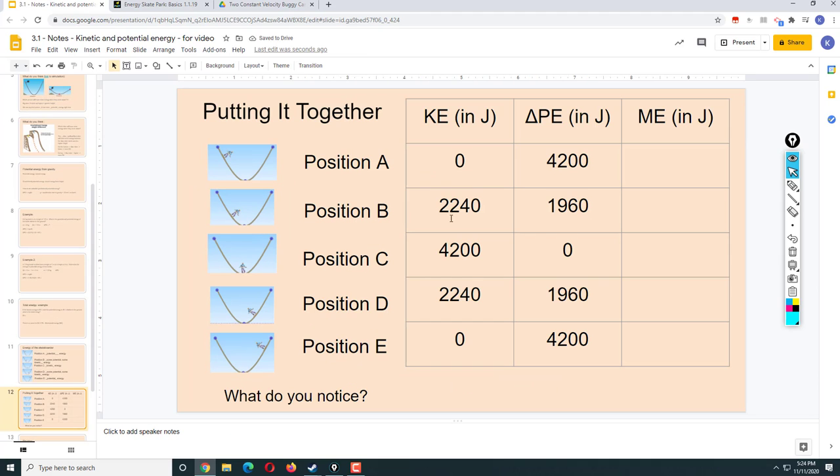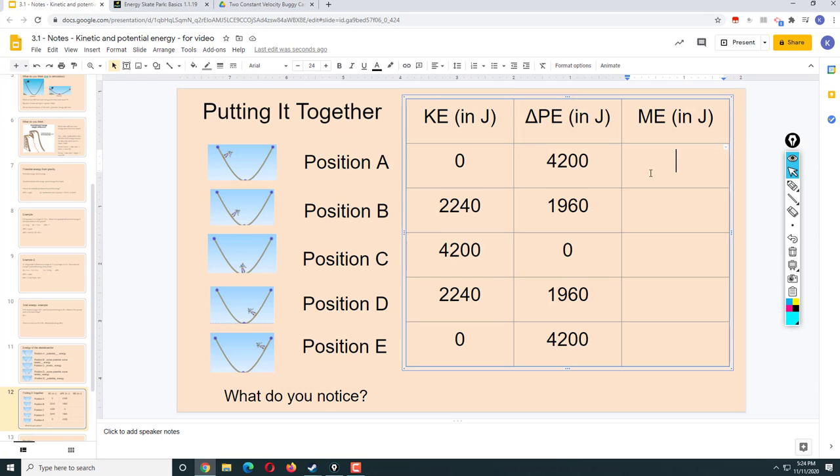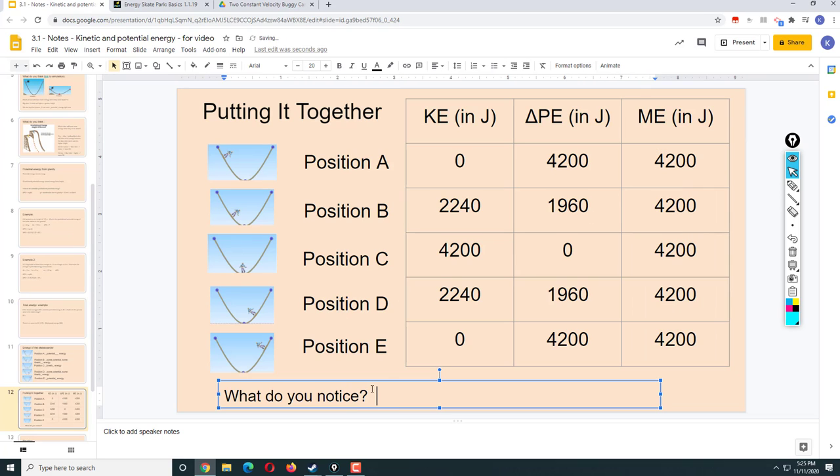If we calculate, we might get this. What is the mechanical energy? Well, we add 0 plus 4,200. That's 4,200. When you add them up, this is what you'll get. What do we notice? The mechanical energy is the same for all of them.